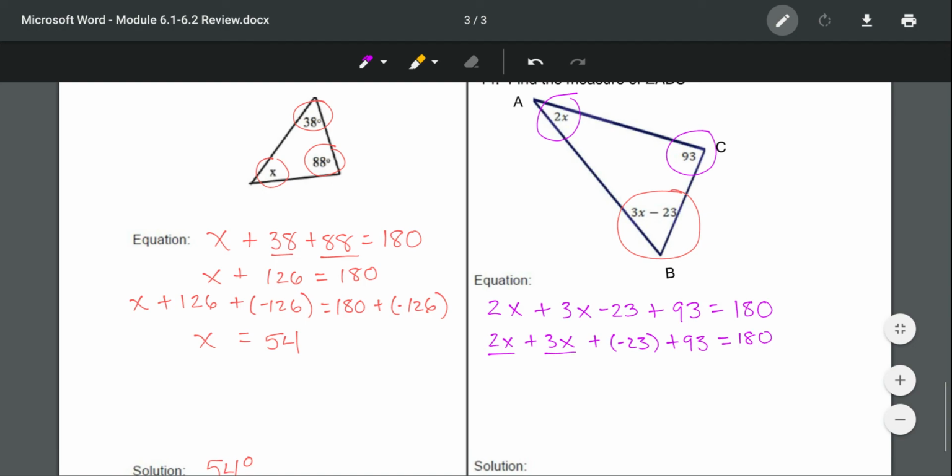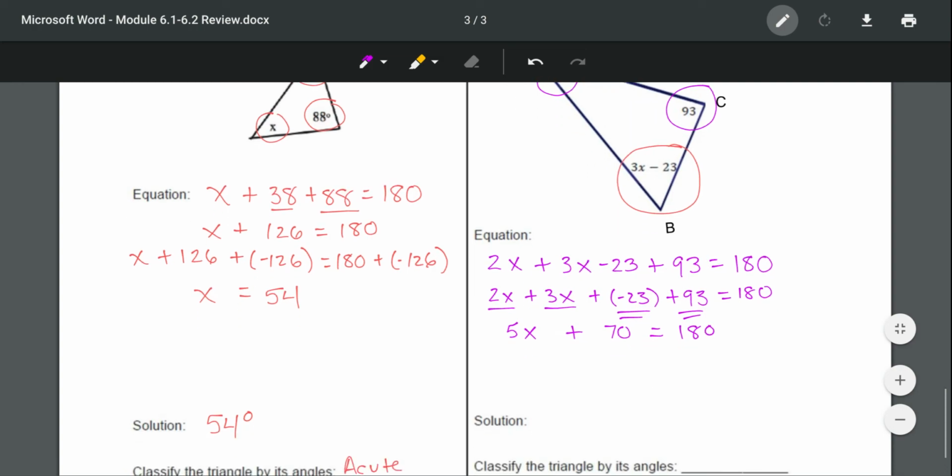So 2x and 3x is 5x. Then negative 23 and positive 93 is going to equal 70. So 5x plus 70 equals 180. Then to solve, you want to add negative 70 to both sides.